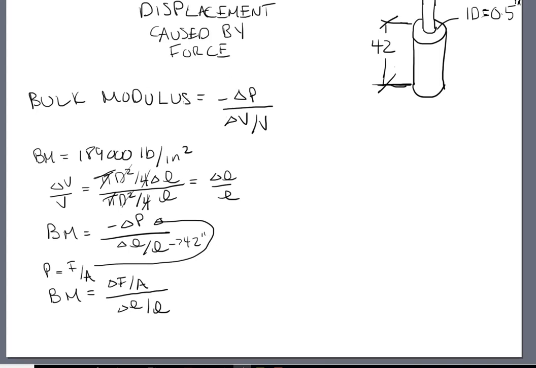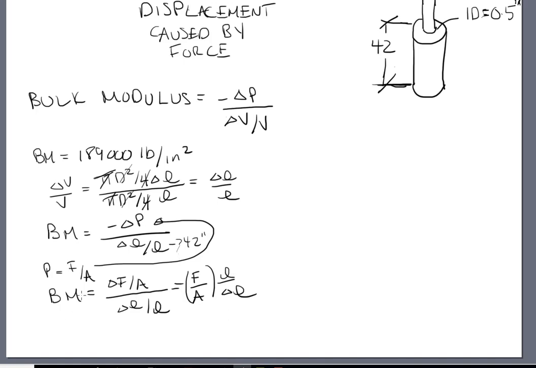So if we keep going, this is equal to F over A times the L comes up top over delta L. Okay, so this is what we want here.